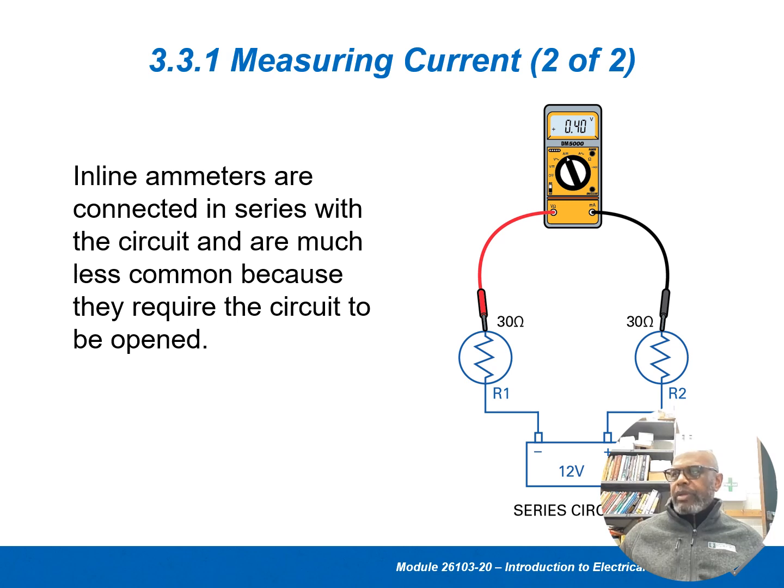Like I say, these VOMs are designed to read amperage, but usually very low current. They will put a fuse inside of your meter, and if you read over current, it would actually blow the fuse to keep you from damaging the meter.